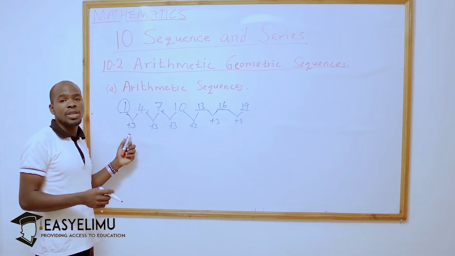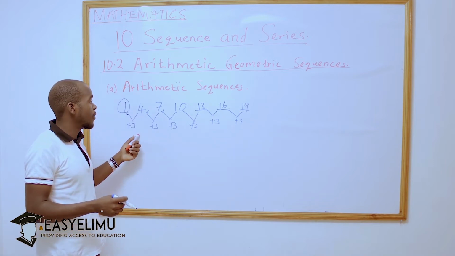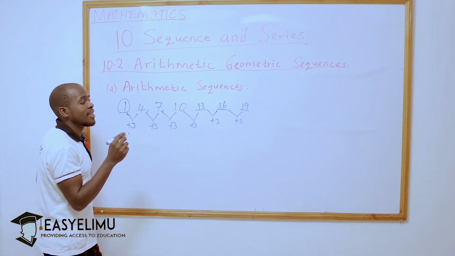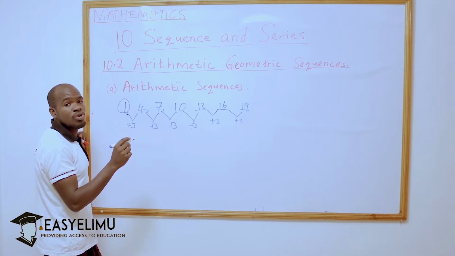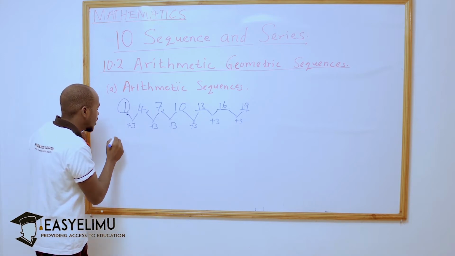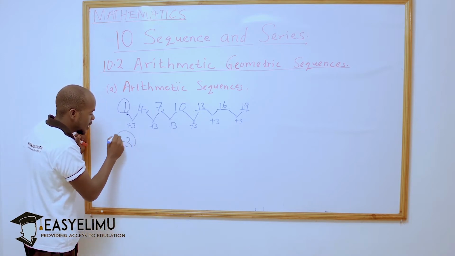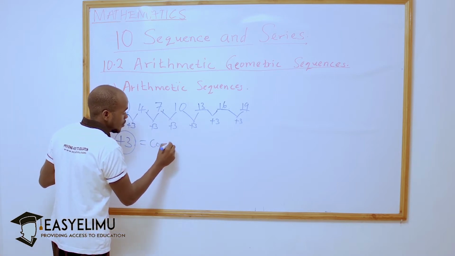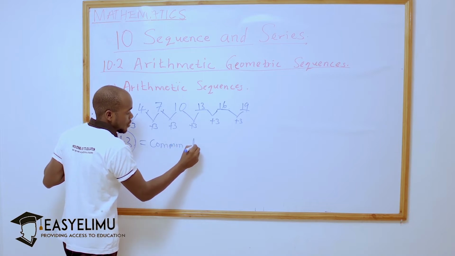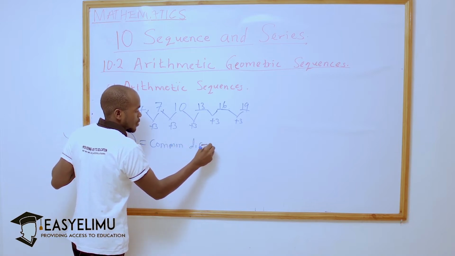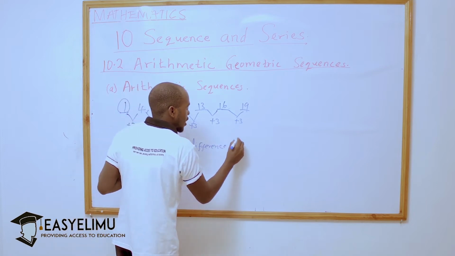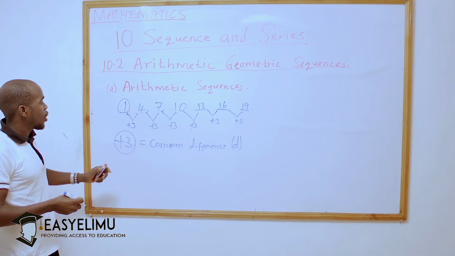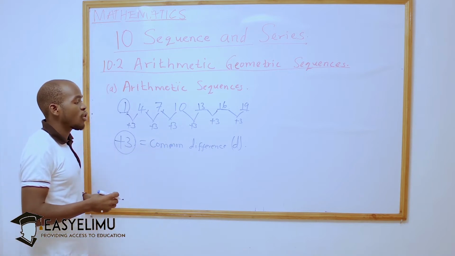Now here we shall introduce another thing from the behavior. We have found that in order to predict the next number, we have to add 3 to the preceding number. That addition of 3 is what we refer to as the common difference, and in most cases we abbreviate it with the letter D. So the addition of 3 is known as the common difference.